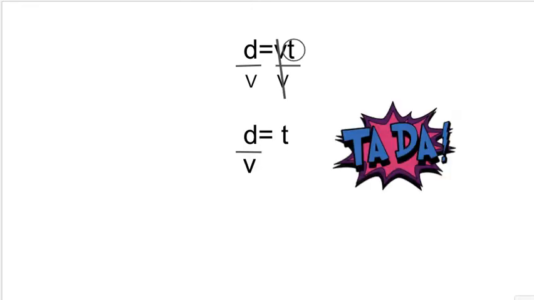Now we have D over V equals T, or T equals D over V. So we went from D equals VT, one way of representing it, to T equals D over V. We could have done the same with V, of course. We could have found that V is equal to D over T, right? Just using inverse operations.